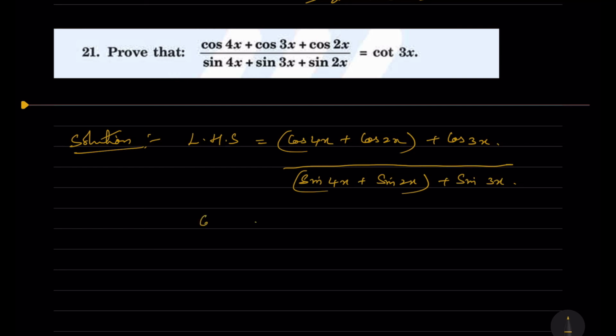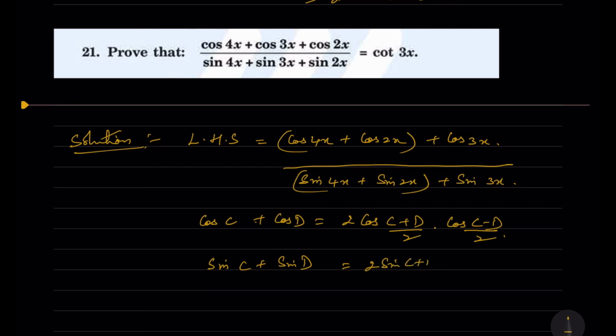You know that cos C plus cos D is equal to 2 cos of (C+D)/2 into cos of (C−D)/2. And sin C plus sin D is equal to 2 sin (C+D)/2 into cos (C−D)/2. So using these two formulas we'll apply into this.